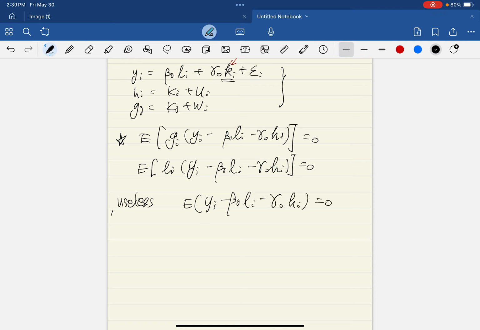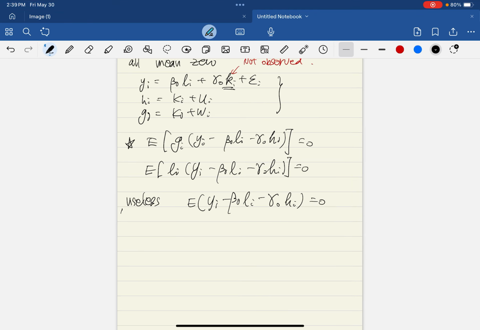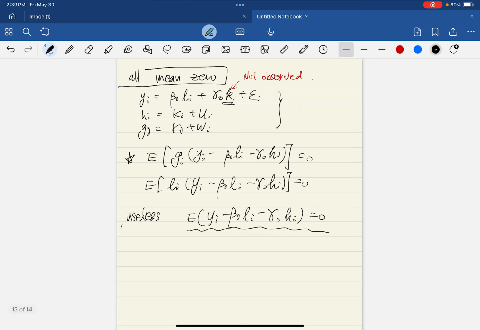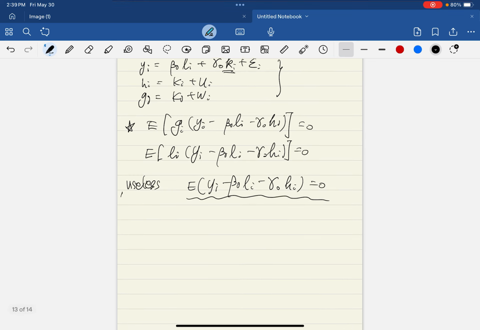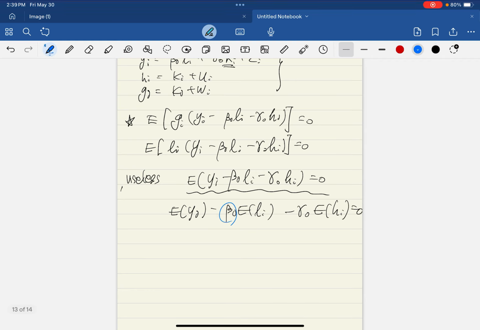So we do not need this one because if you expand, this means just the error term has mean 0. This is useless in our case because we already assumed everything has mean 0. Rewrite this as yi minus beta 0 expectation li minus gamma 0 expectation hi equals 0. So the unknowns are beta 0 and gamma 0.